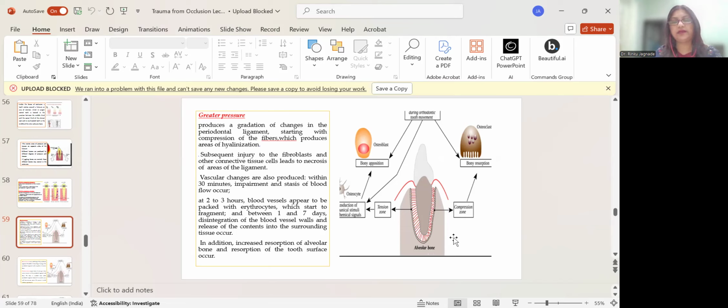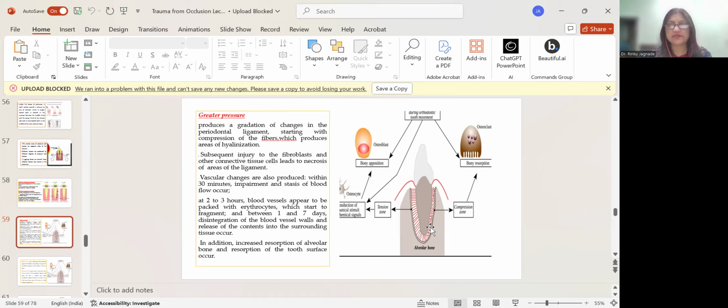Greater pressure produces a gradation of changes in the periodontal ligament, starting with compression of the periodontal ligament fibers, which produces areas of hyalinization. This causes subsequent injury to the fibroblasts and other connective tissues, and may lead to necrosis of the area of the ligament.